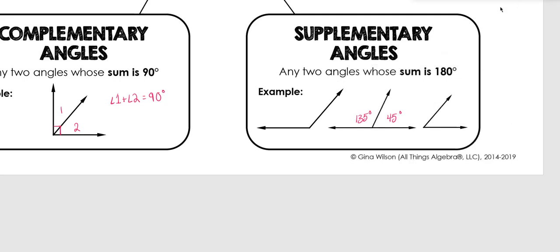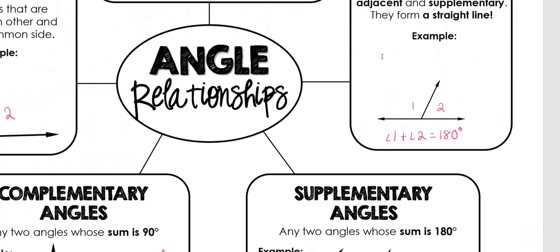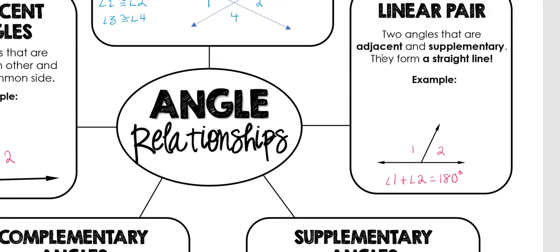So here we have them separated. So this is still 135 degrees, and this is still 45 degrees. So in a supplementary angle, they don't actually have to be attached to each other. They don't even have to be near to each other. But if they equal 180 degrees when you add their angle measures together, they're supplementary. But a linear pair, what's up here, they have to be adjacent to each other and supplementary in order to be a linear pair.